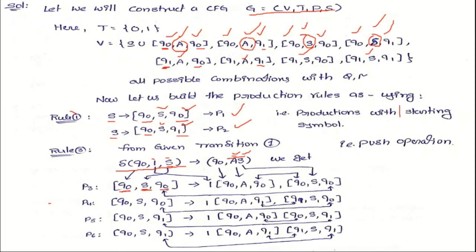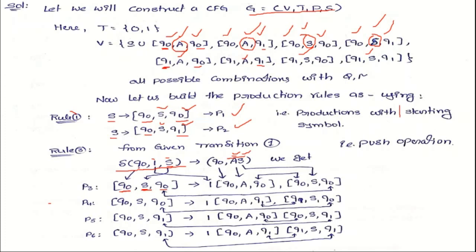One time we consider Q0, another time we consider Q1, because our PDA contains only 2 states. In case our PDA contains 3 states, then we write Q0 as the current state, S as the top of the stack, and Q0 as the next state. Next production rule, Q1 is the next state. Next production rule, Q2 is the next state. In this manner, we write all possible combinations.